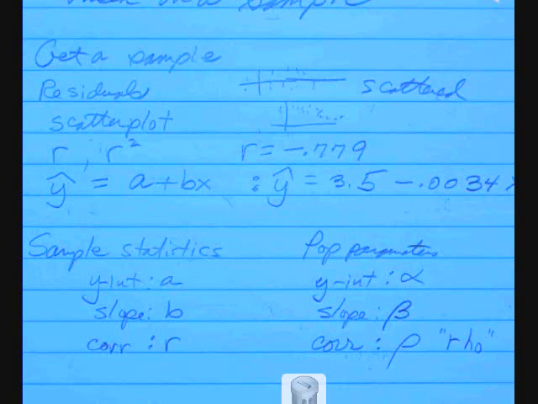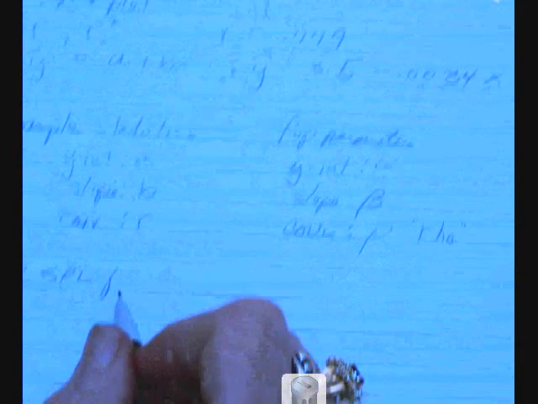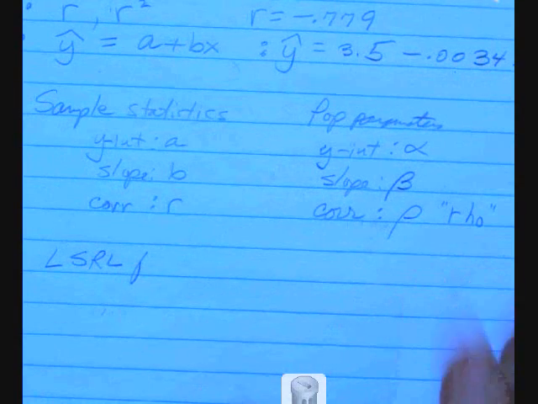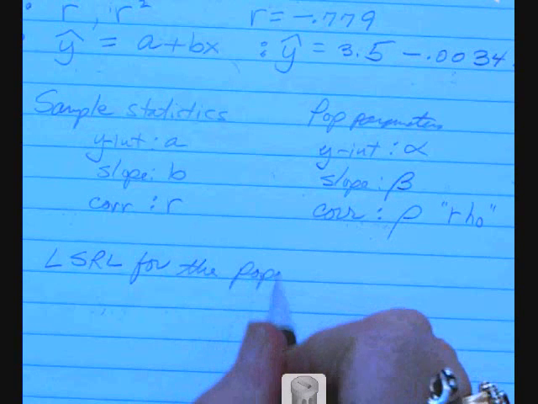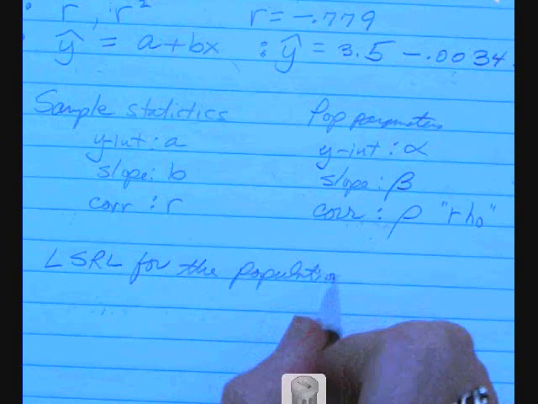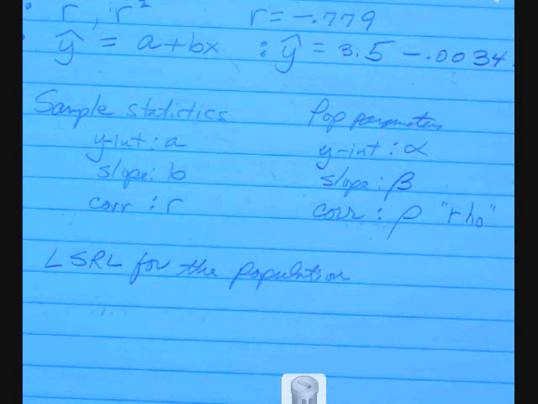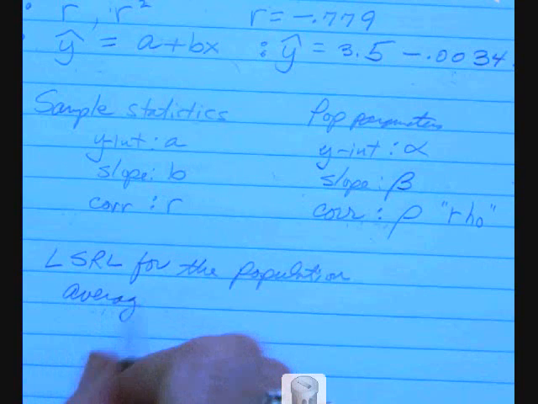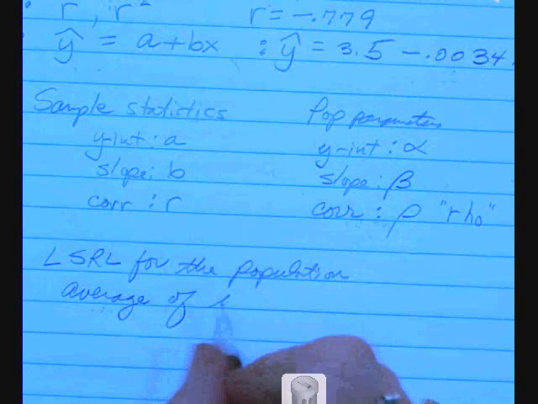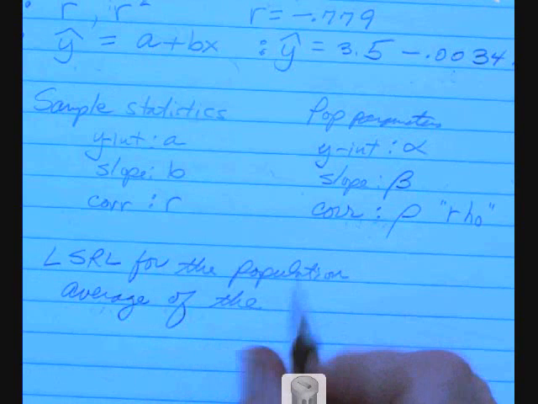Our least squares regression line for the population is the average of the population responses.